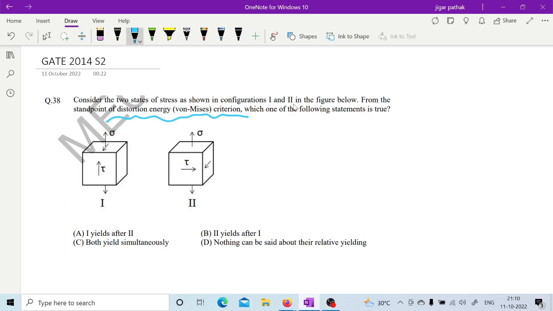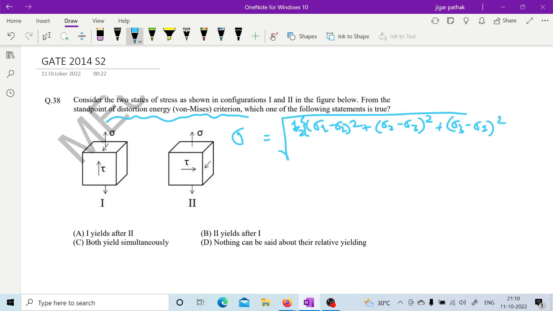So here in the von Mises criterion, you have to consider that sigma is equal to the full equation of von Mises: 1 by 2 of sigma 1 minus sigma 2 square, sigma 2 minus sigma 3 square plus sigma 3 minus sigma 1 square, plus 6 into sigma 12, sigma 23, sigma 31 square, like this.